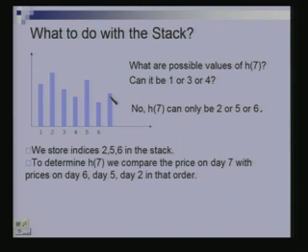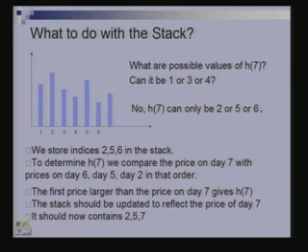So, suppose this is the price on day 7, this new bar that I have drawn here. Now it is more than the price on day 6. So, what is h of 7 then? 5. So, h of 7 now becomes 5. The first price larger than the price on day 7 in this comparison gives me h of 7.